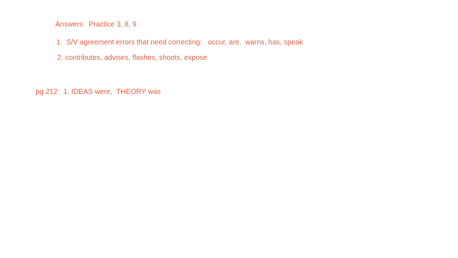Ideas is the subject, and then were is the verb. And then also theory. Theory is a subject, was is the verb. And number 2, John Scopes is a subject, was is the verb.